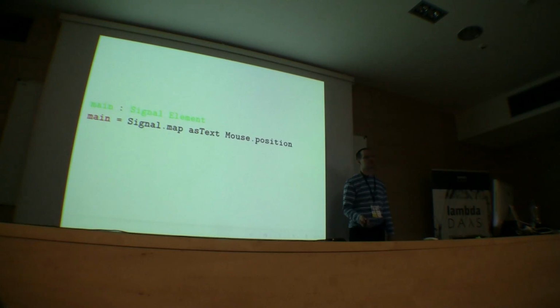Such a value cannot be directly rendered on the screen. But what we can render, and that is what we can assign to main, is a signal of elements. So we need a way to transform a signal of integer tuples into a signal of elements. And there is a function for that called map. And the function that we are mapping takes a value and turns the value into an element.